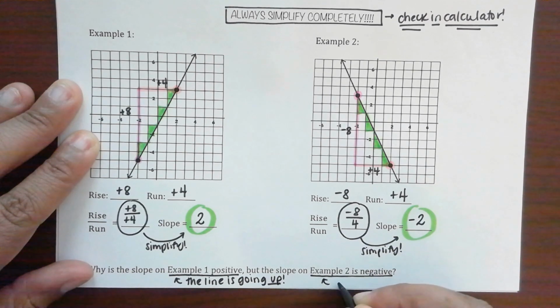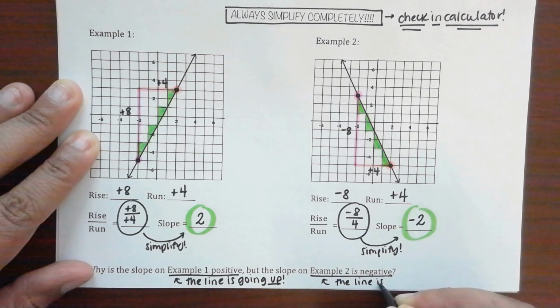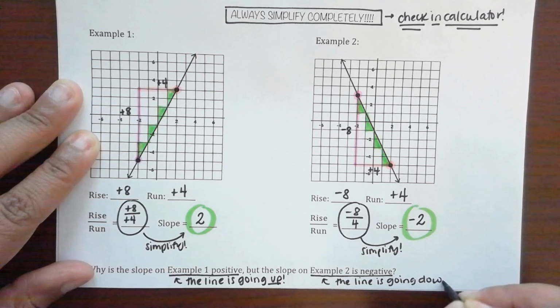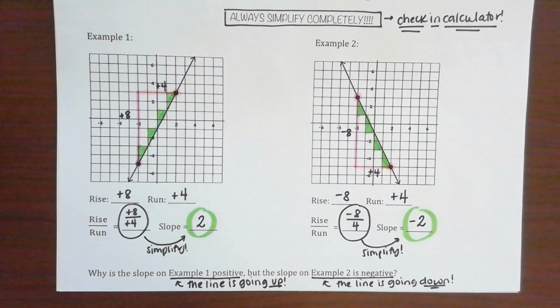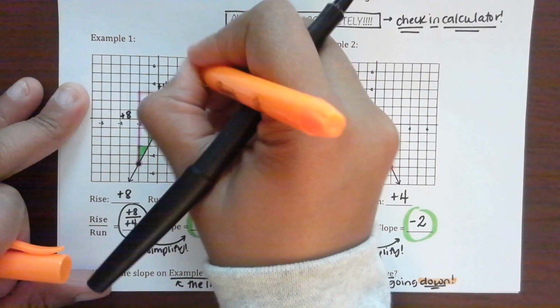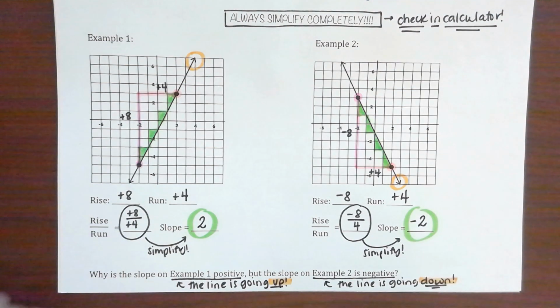It's going down. I'm going to highlight these so you can see where we're coming from. That arrow is going up, that arrow is going down. That's how I know what's positive and what's negative. Any questions there? Flip it on over.